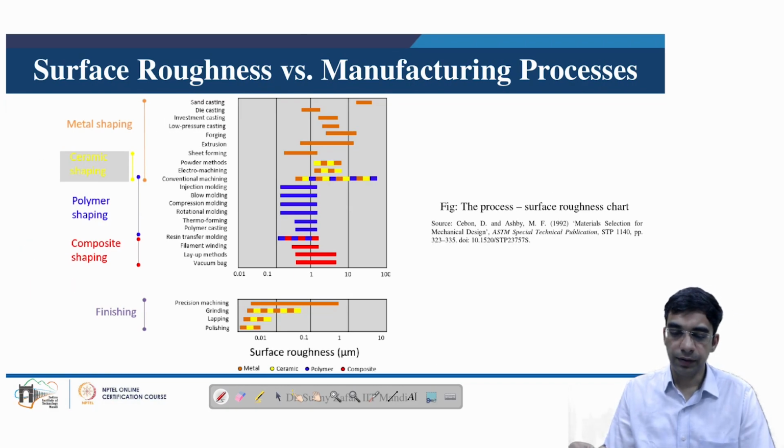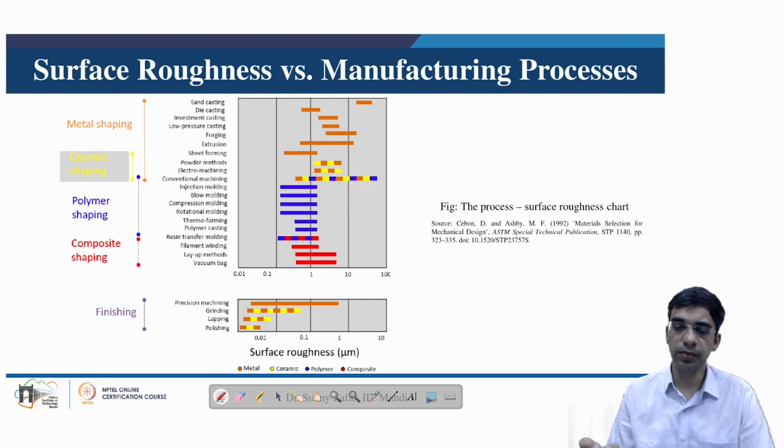Next is the surface roughness, because surface roughness again plays a very critical role in assembly and interchangeability of components. Certain manufacturing processes produce parts with high surface roughness, and certain processes can produce components with very low surface roughness. Surface roughness and surface finish are interrelated, of course inversely.